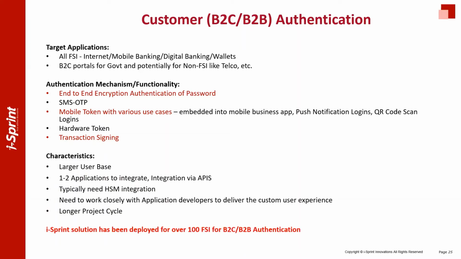And characteristic user base normally is a big user base. Otherwise, E2FA is a different case, and then whether the customer needs to integrate with HSM or not. And our iSpring solution also has a lot of experience in implementing B2C or B2B authentication.